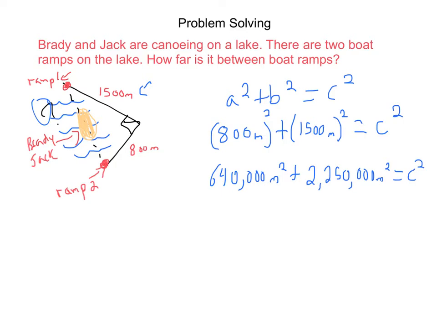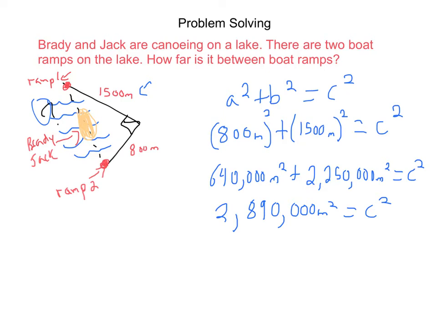Now we add them together. 640,000 plus 2,250,000 is a big number, which is 2,890,000 meters squared equals C squared.